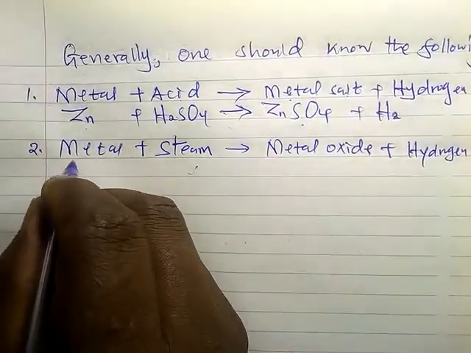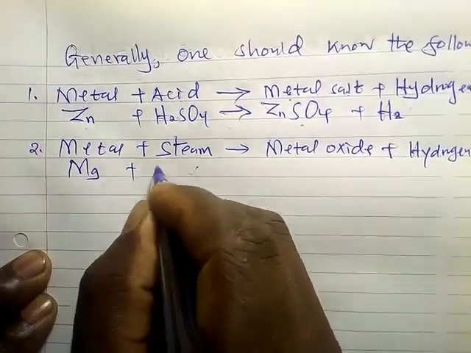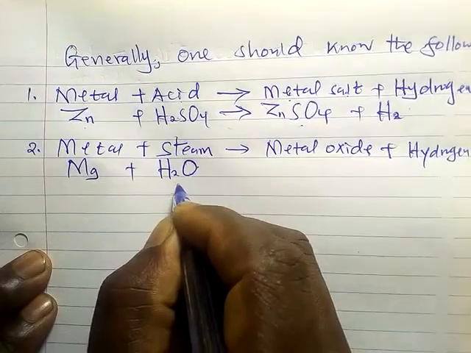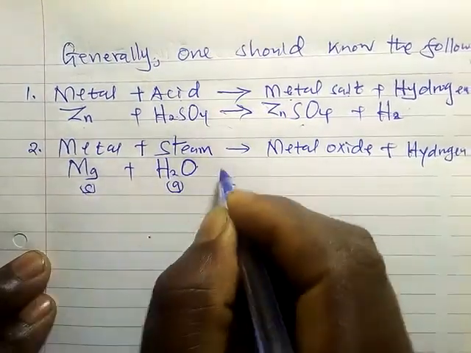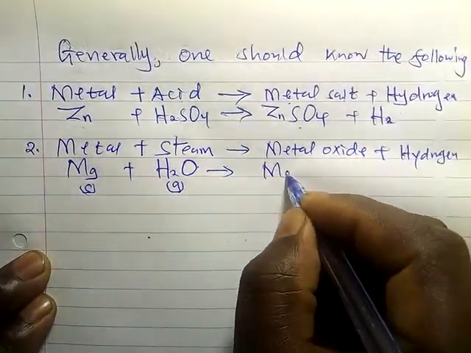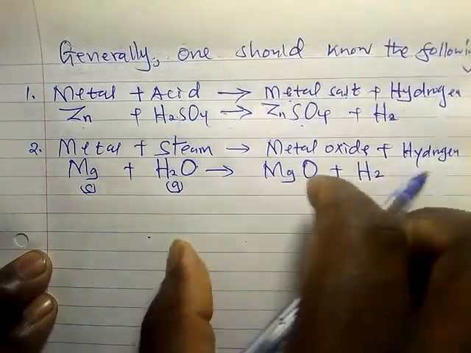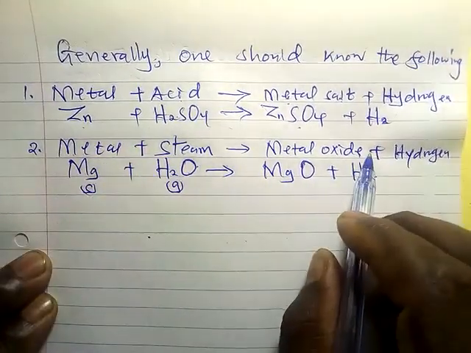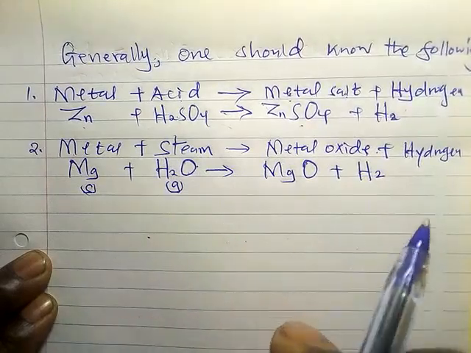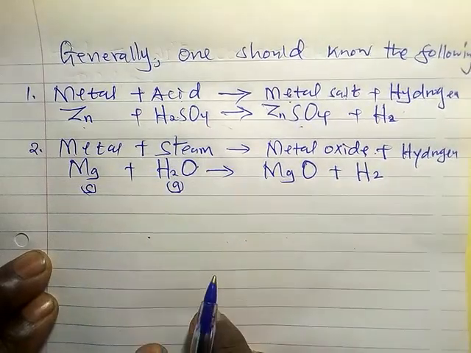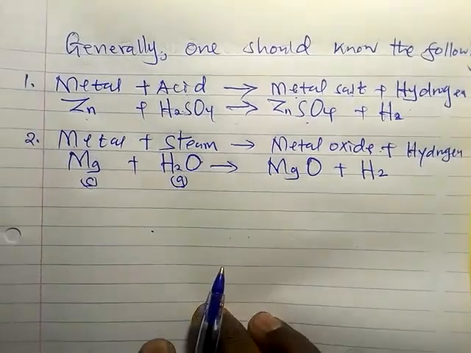For example, magnesium plus steam, we write it in gaseous form. It will form magnesium oxide plus hydrogen. So when you know this chain of information, it becomes much easier for you to write the products.